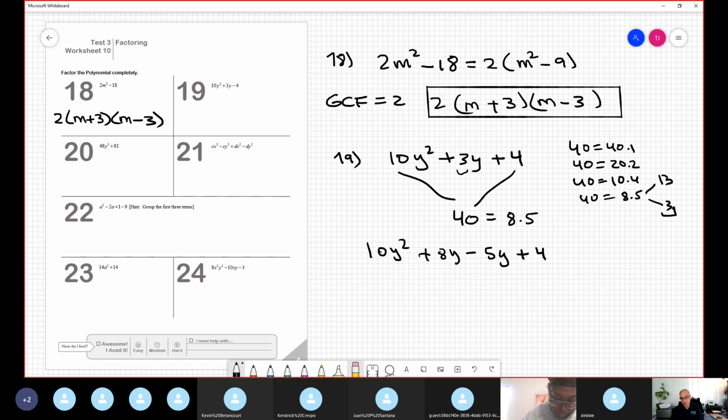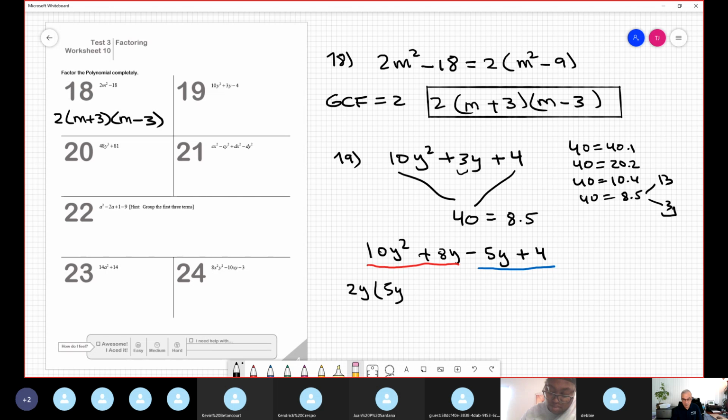I need to write an expression equivalent to the original, no? Okay, now this is a crucial moment to apply grouping. Factorization of the red couple, factorization of the blue couple. The GCF in the first couple is obvious, it's 2y.